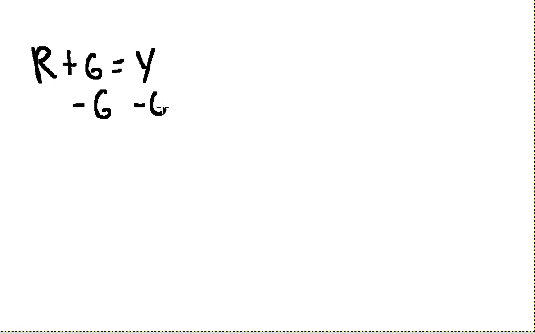So let's start with the last one that you were working with, or the first one we were working with on the last page. Red plus green equals yellow. So we can actually manipulate these equations and say red equals yellow minus green.